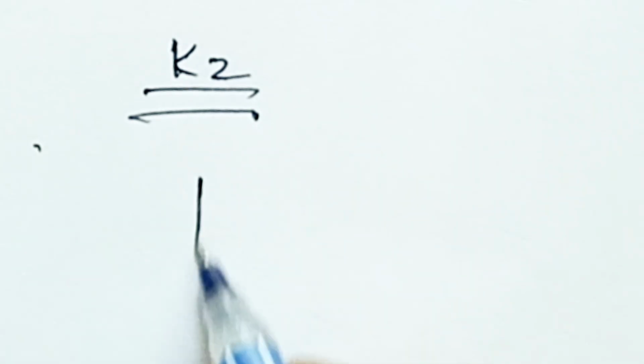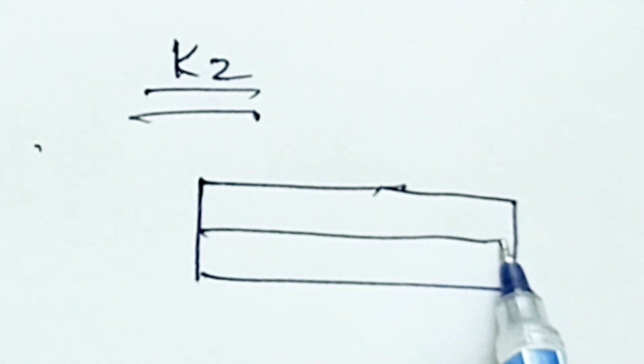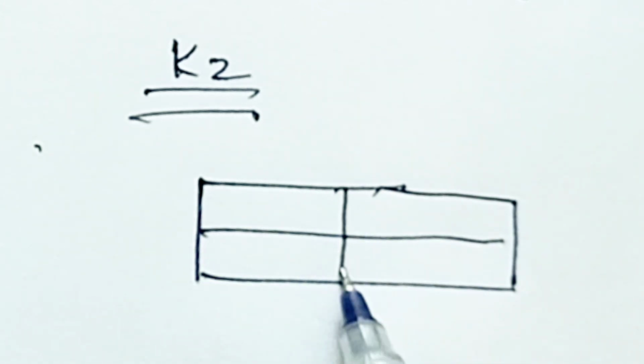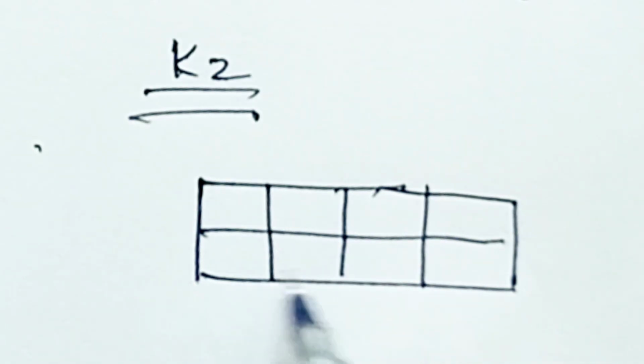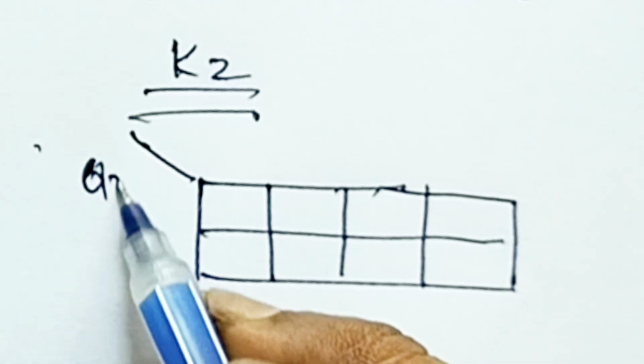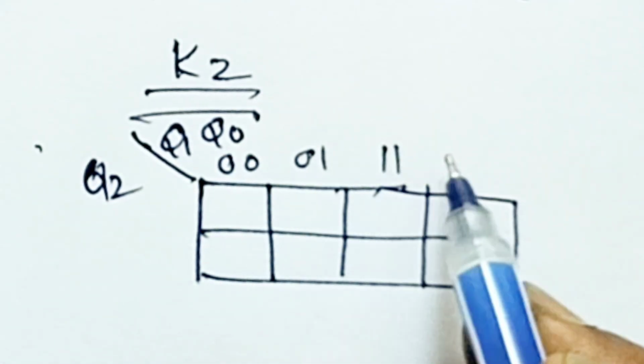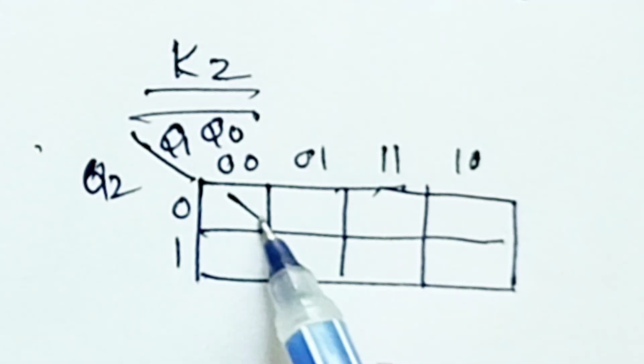Now the K2 input of the most significant flip-flop. As usual, Karnaugh map, it's a 3 variable Karnaugh map. Q2 split towards the left side, towards the right side Q1, Q0, combination 0 0, 0 1, 1 1, 1 0, which follows gray code ordering.